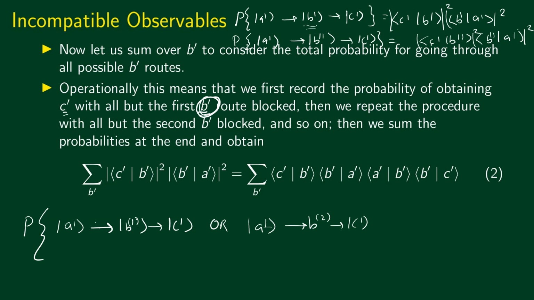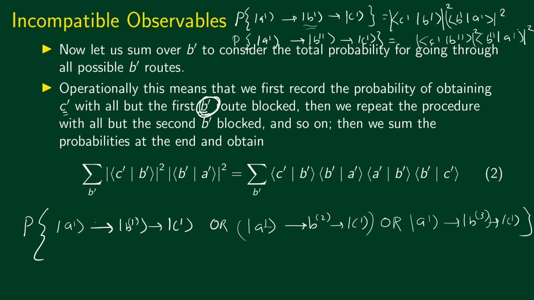The initial state and the final state are the same, we are just allowing various routes. So what's the probability that you reach ket C prime through B2? This is the probability that we are calculating. Or you could have ket A prime to B3 and then to ket C prime. This would be the total probability, or etc.